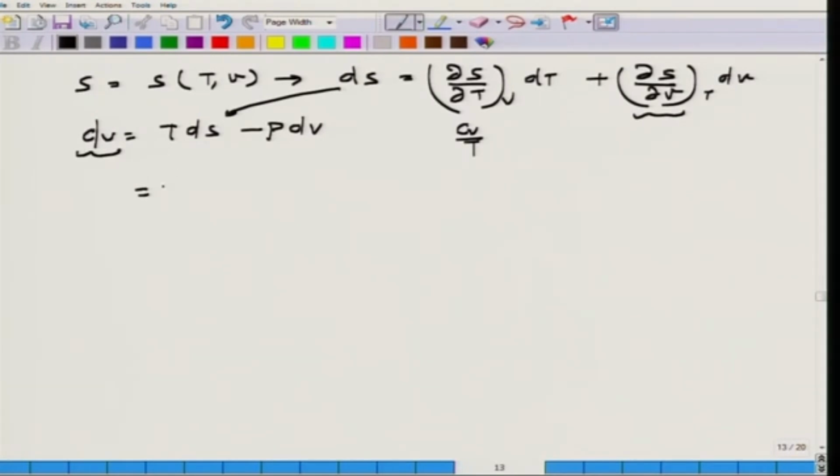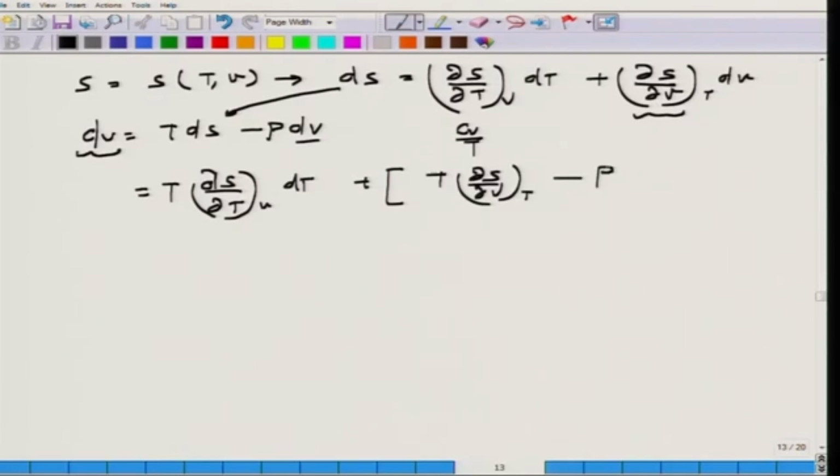So this becomes T del S by del T at constant V dT, and V is common here, so we'll use this T del S by del V minus P dV.